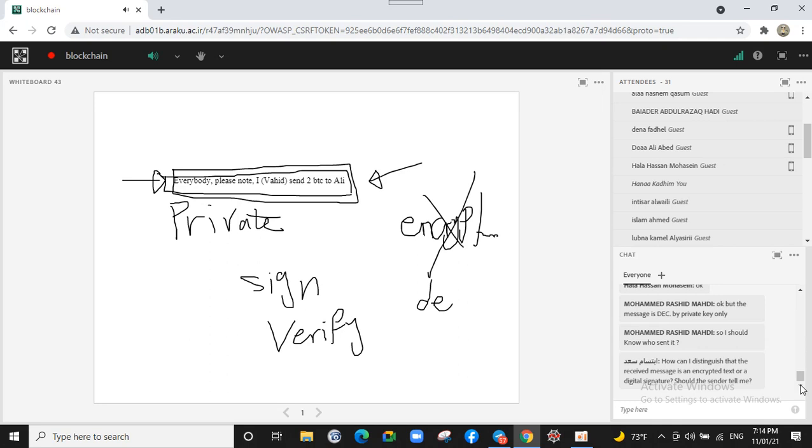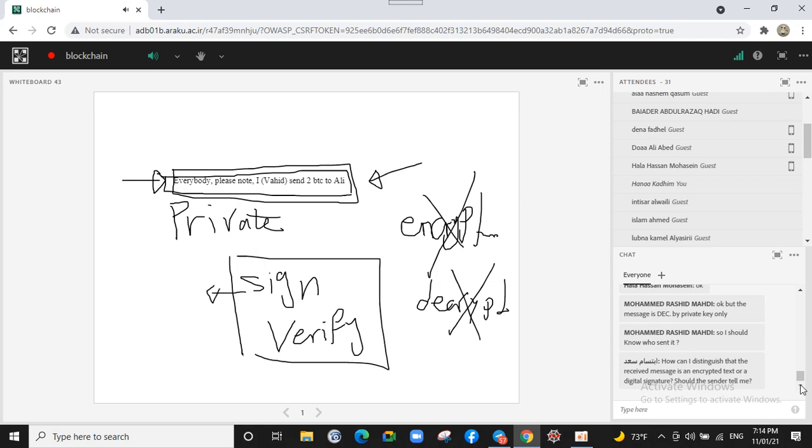We don't have encryption and decryption. We have just sign and verify. What is sign? Sign is encrypting a message with a private key, which is called a digital signature. What is verify? Verify is decrypting a signature with a public key, and it must be the same as the message. Understand?